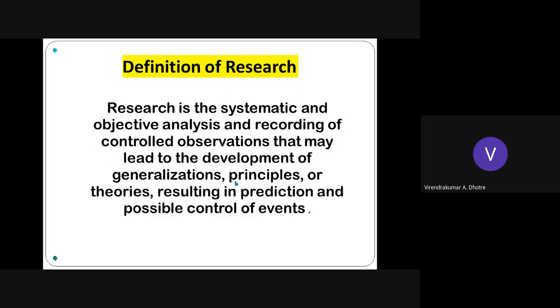We can apply theories, and we can predict, and we prove that these predictions are correct. When we do all these actions, we record all of them. That's why we say recording of controlled observations. And we prove each objective which we have stated is correct, applying a scientific and systematic way.